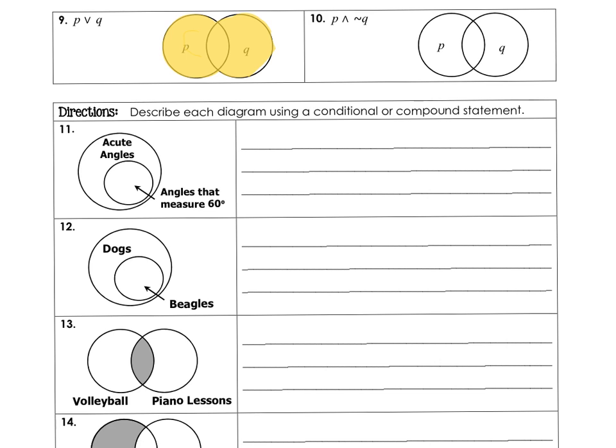And number 10, all the elements that are in P and not Q. So first let's see, if I'm in P, it's all there, right?